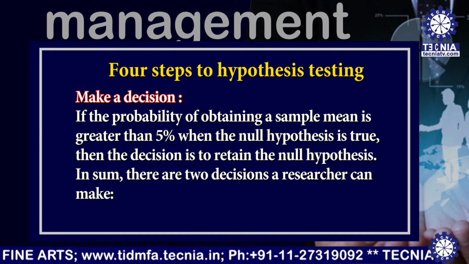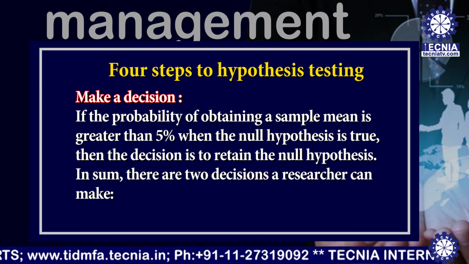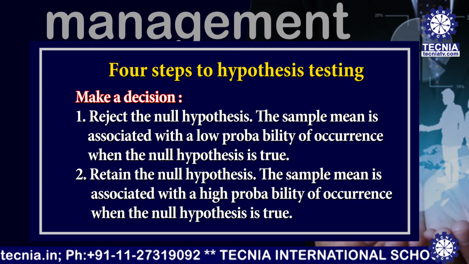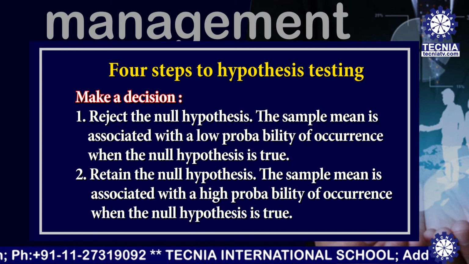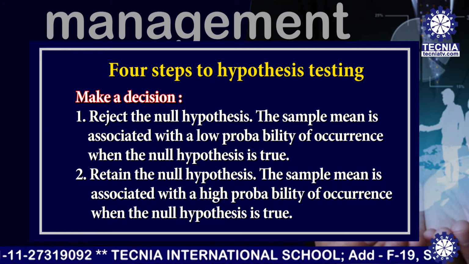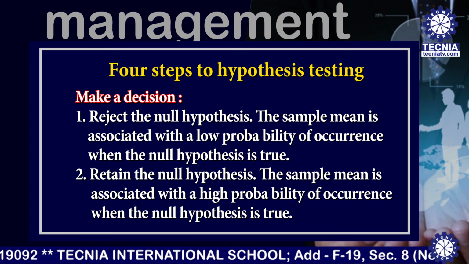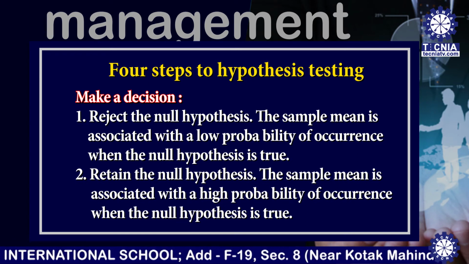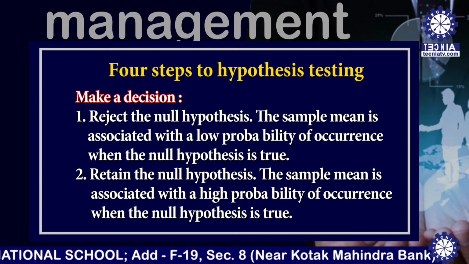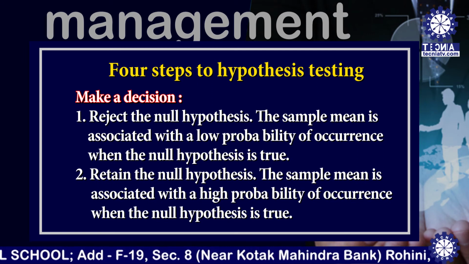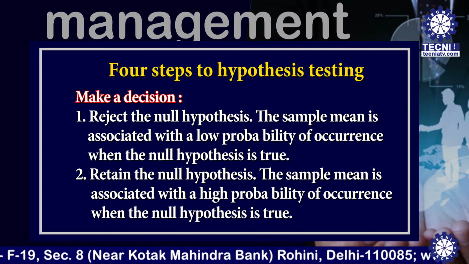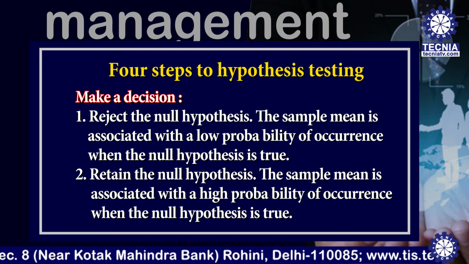In sum, there are 2 decisions that a researcher can make. First, reject the null hypothesis: the sample mean is associated with a low probability of occurrence when the null hypothesis is true. And second, retain the null hypothesis: the sample mean is associated with a high probability of occurrence when the null hypothesis is true.